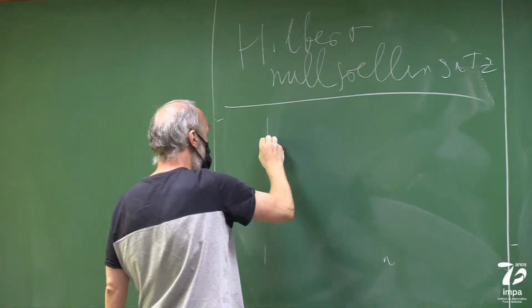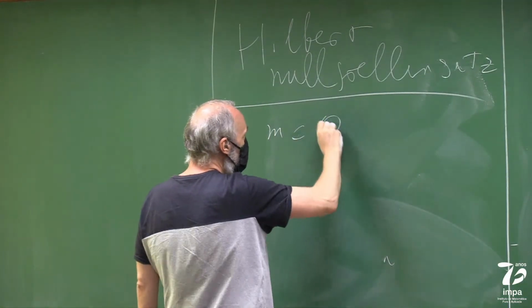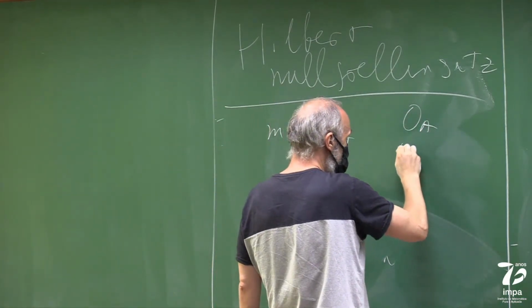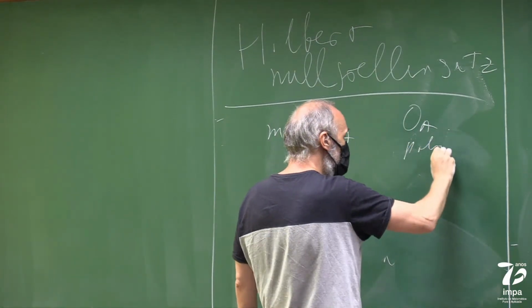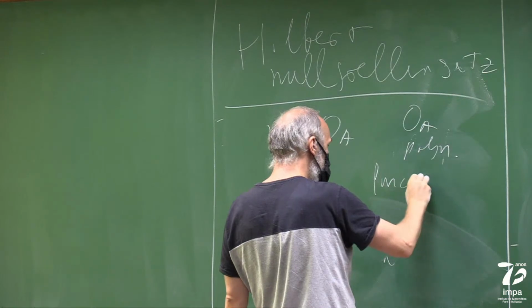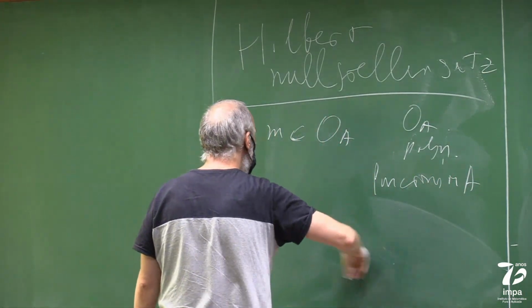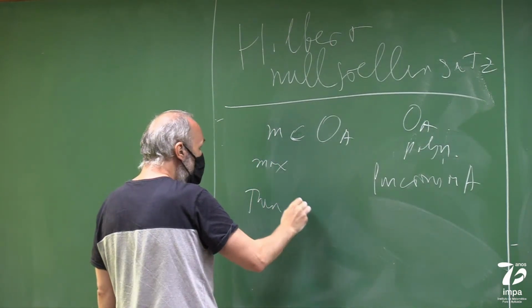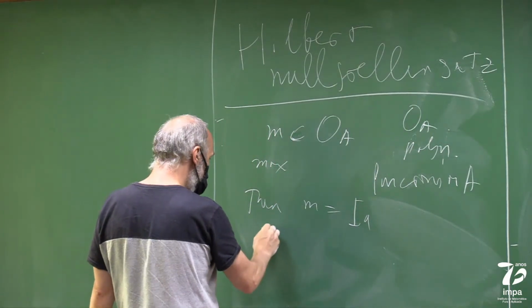Suppose you have a maximal ideal M inside O_A, where O_A is the ring of polynomial functions on A, which is an algebraic variety. Then M is I_a, a maximal ideal of a point.